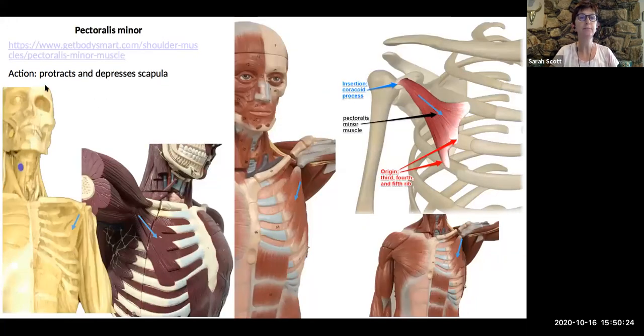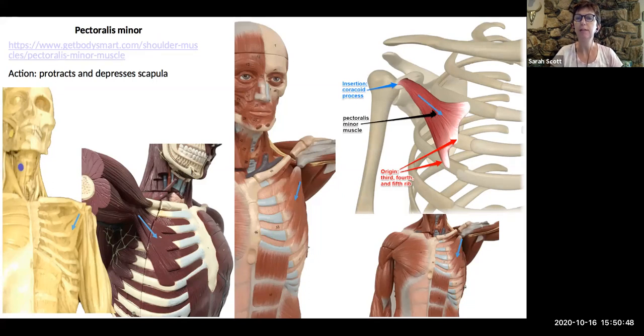Then the pectoralis minor, we can see here, it's actually deep to pectoralis major, which many of you did. Only a few people picked pectoralis minor for the video. And here you could see without any other visible muscles how this muscle goes from the ribs to the coracoid process of the scapula.